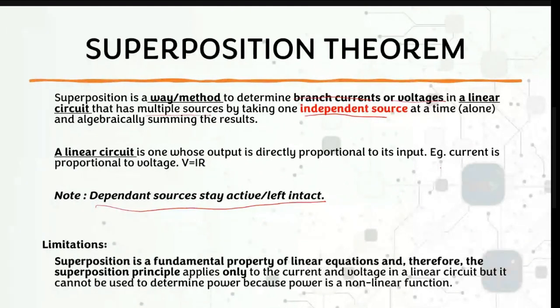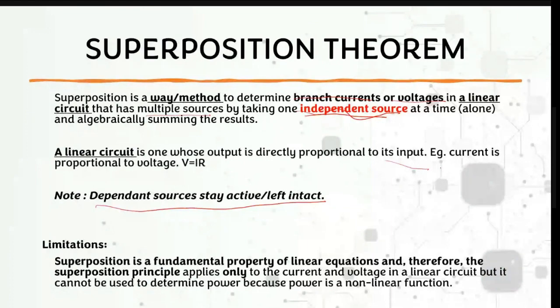So in your circuit it might have one or more than one source, voltage or current sources, and it only involves the independent sources. A linear circuit is actually one whose output is directly proportional to its input.